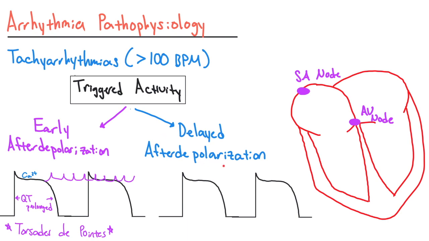Now on to delayed after depolarizations. We'll start off by talking about a couple of common arrhythmias that can be associated with this, and you do not have to remember all of these. One that I would make sure you're at least somewhat familiar with is that premature ventricular contractions are definitely associated, to some extent, with delayed after depolarizations.